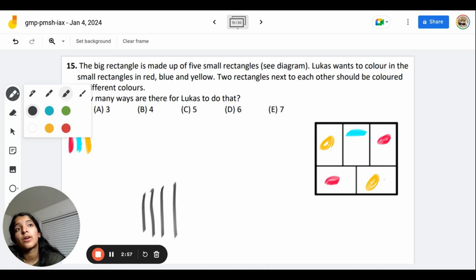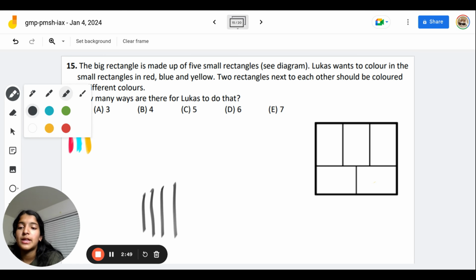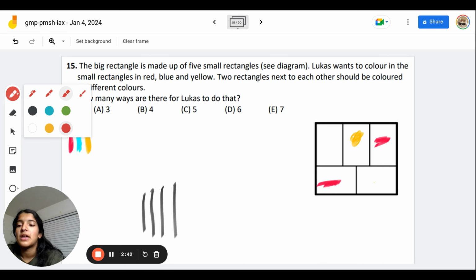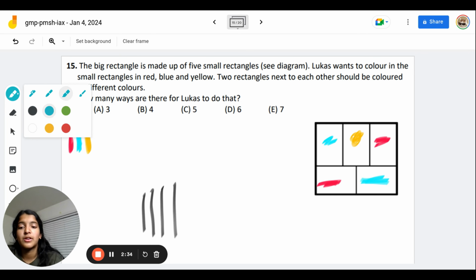And then for our fifth one, we would put yellow in the center this time. So with yellow in the center, we would have red on two opposite sides, and then we would also have blue on two opposite sides, and that would be our fifth combination. Oop, not the eraser. Our fifth combination.